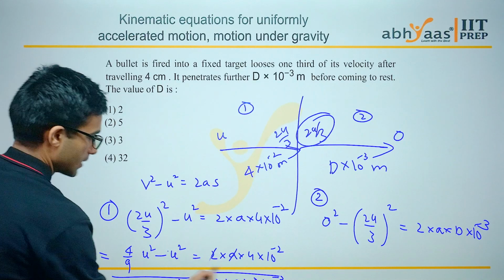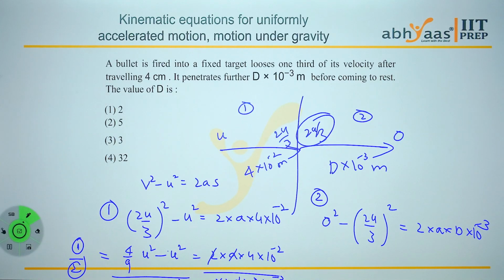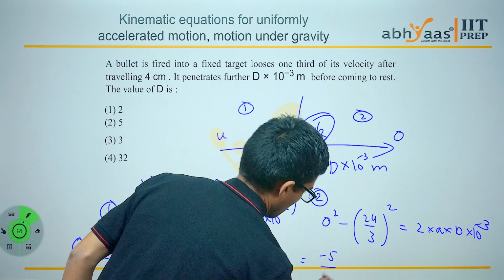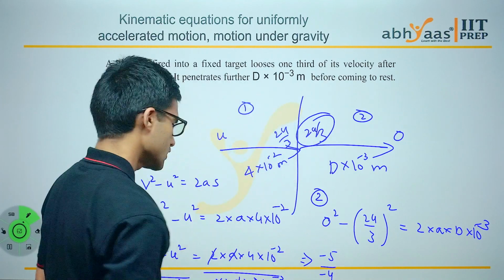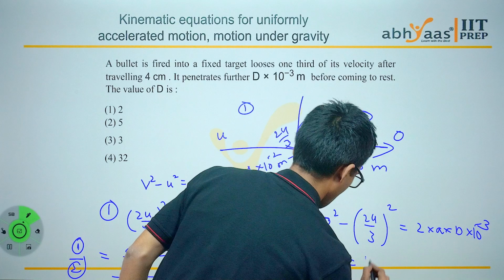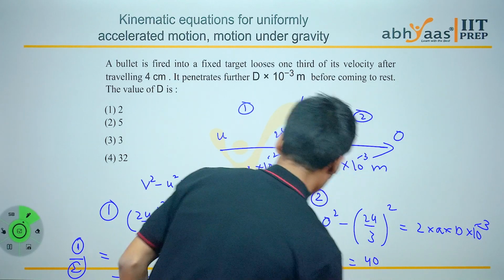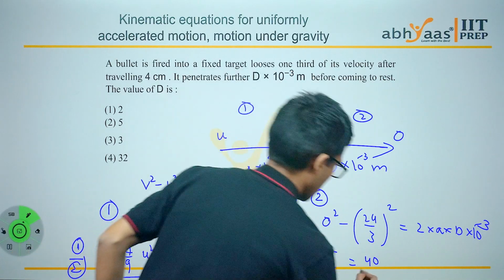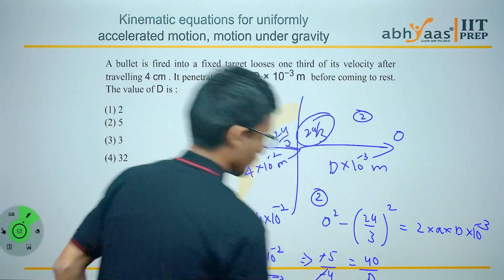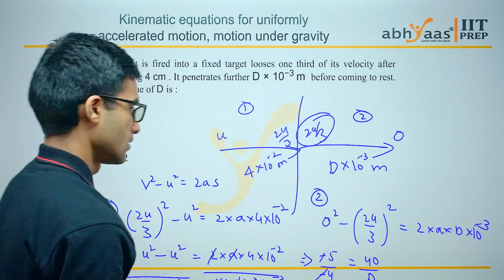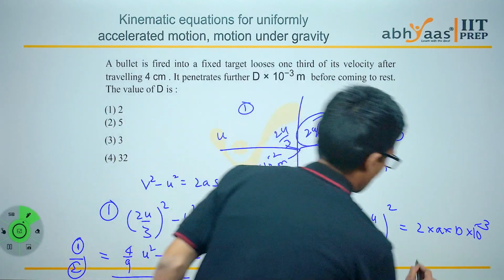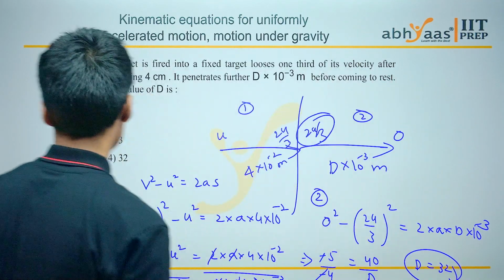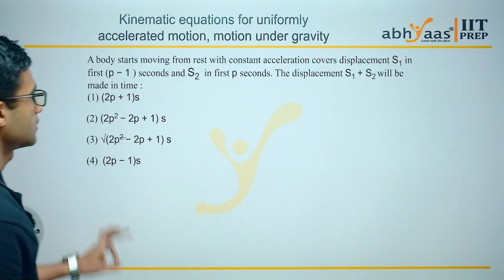So a gets cancelled, 2 gets cancelled, u square cancelled. 4 by 9 minus 1, you will get minus 5 by 9 over minus 4 by 9 is equal to 40 by d times 10 power minus 3 if it goes to the top, 10 plus 3. Negative cancelled, 160 by 5, that is d equal to 32 you will get. So you just calculate these things, it's simple only.